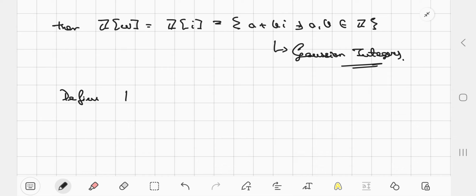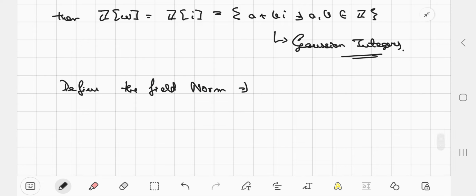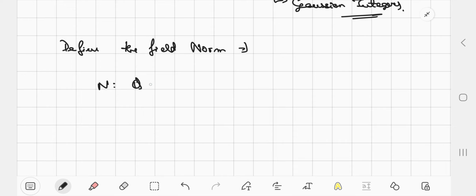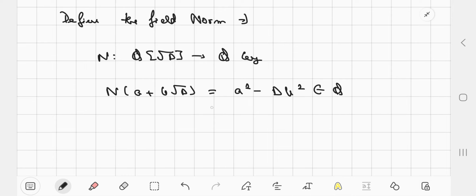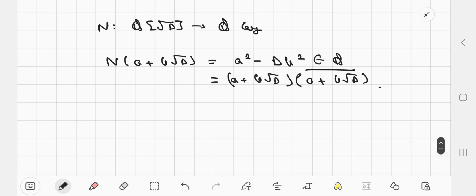Define the field norm such that, how is the field norm defined? It is defined from Q root D to Q by the norm of any element A plus B root D being A square minus D B square, an element of Q. What we are actually doing is multiplying the element A plus B root D with its conjugate. Then we get the same set of observations, right?